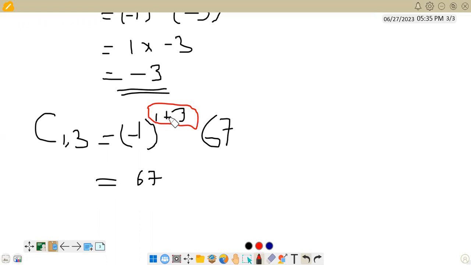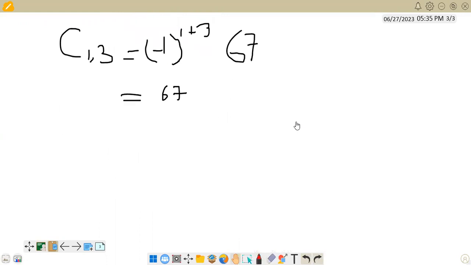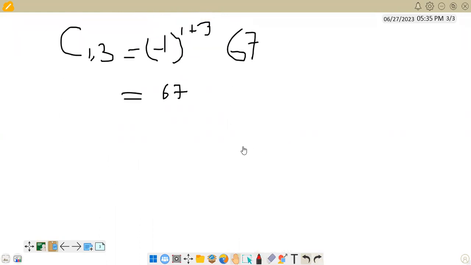Komano if it is odd number, ndekuti izakhala yosiyana. Okay, so for example, let's say we are asked to find the cofactor for 2,3.